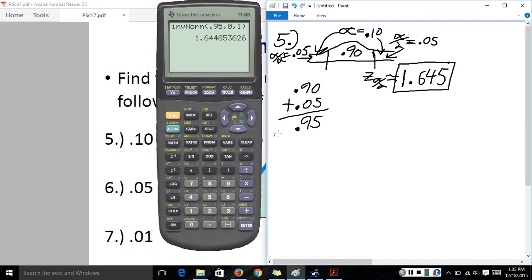Number 6 asks about what you get if alpha is 5%. Well, if I have 5% in the tails, then I've got 95% in the middle. And there will be 0.025, that's half of 5%, in each tail, since we split alpha between the two tails in this case. And I want the z-score again on the right-hand side.